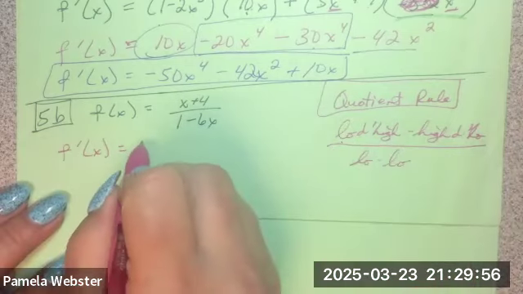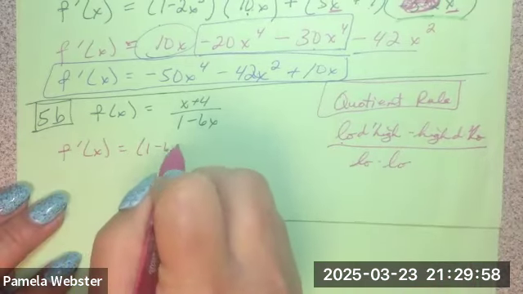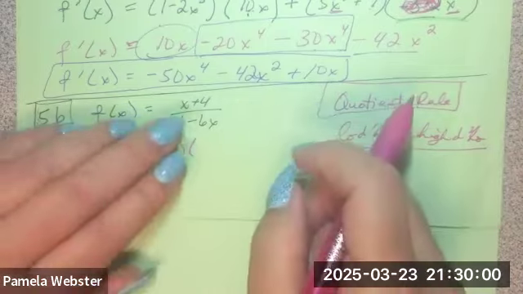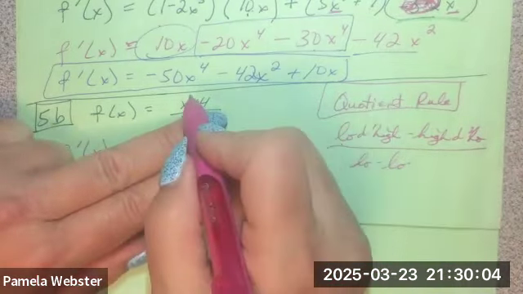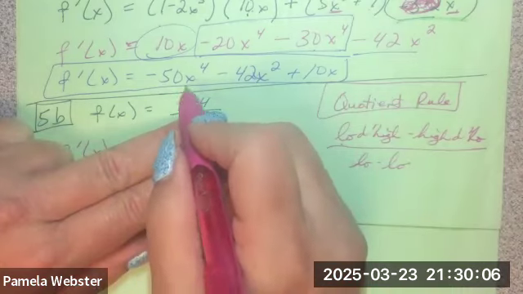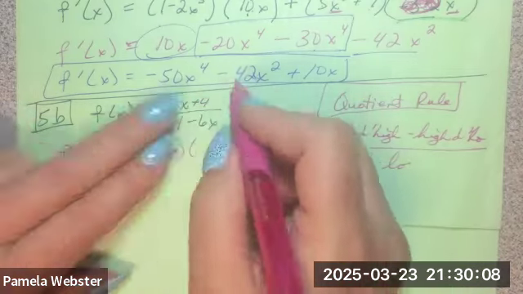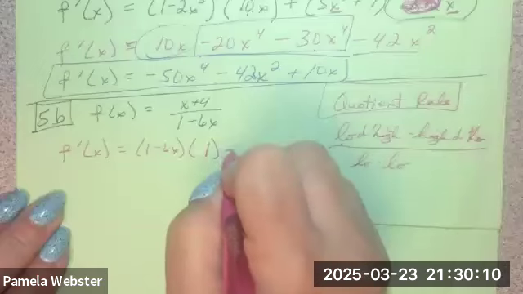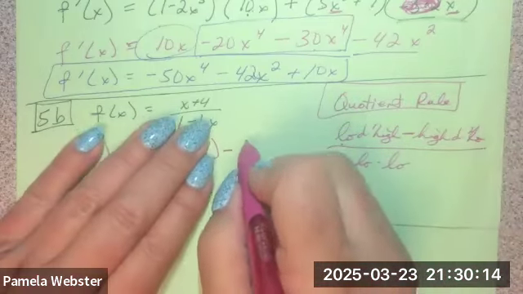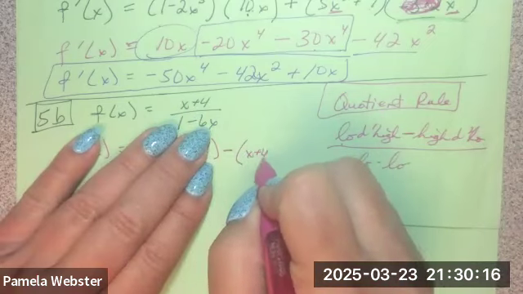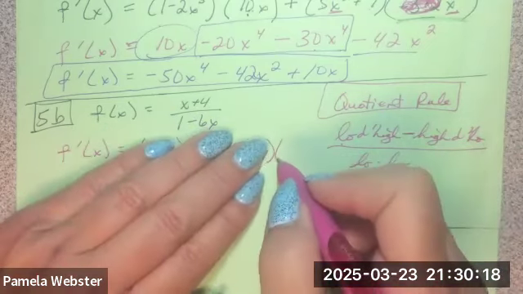But it's the bottom, 1 minus 6x, times the derivative of the top. Well, the derivative of the top is just what? A 1, right? Because x to the 1 becomes x to the 0, which is a 1. The constant becomes a 0. So times 1 minus, because there's a minus in the formula, the top, x plus 4, times the derivative of the bottom.